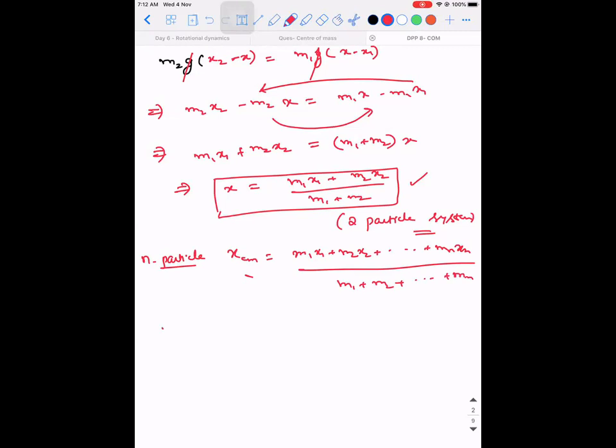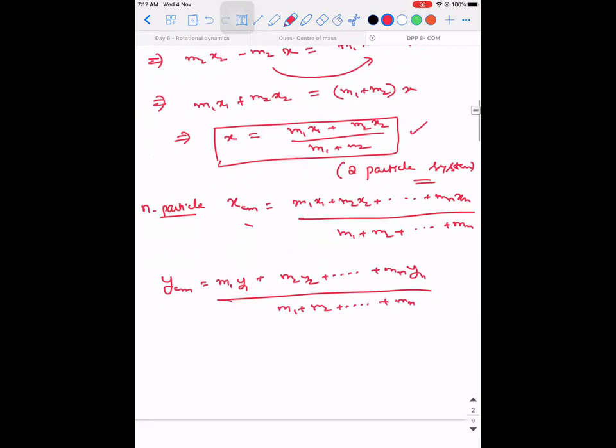Similarly, the y coordinate of the center of mass will be M1y1 plus M2y2 plus so on till Mnyn, the whole divided by the sum of all the masses. Similarly, the z coordinate will be M1z1 plus M2z2 so on till Mnzn.